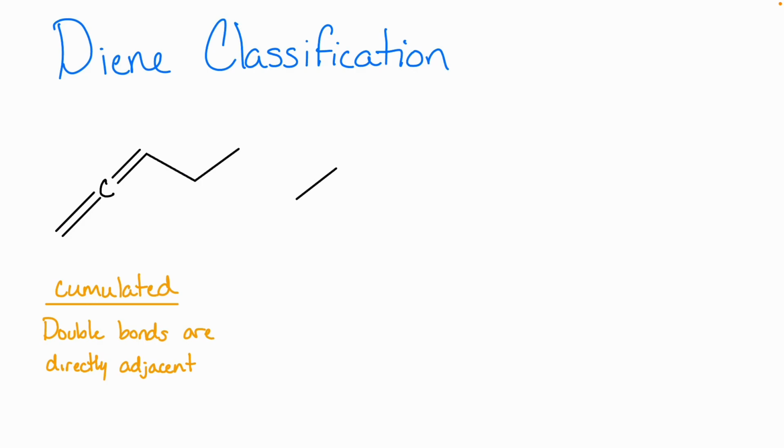We could have our double bonds with one single bond between them. All right, so now I'm moving my second double bond over one.